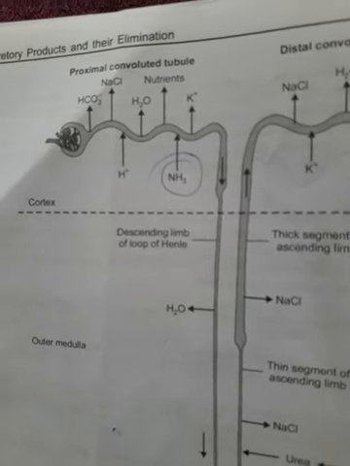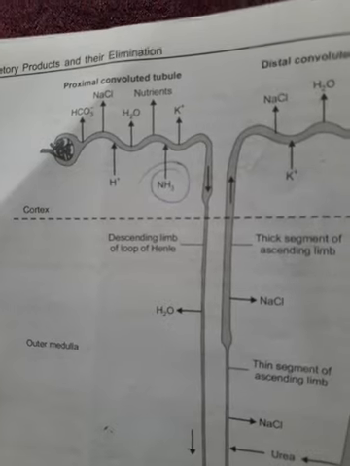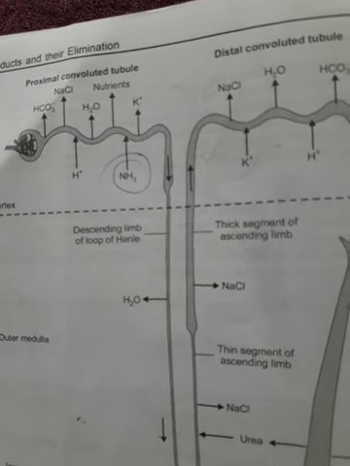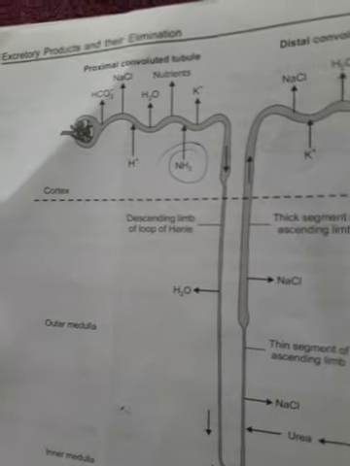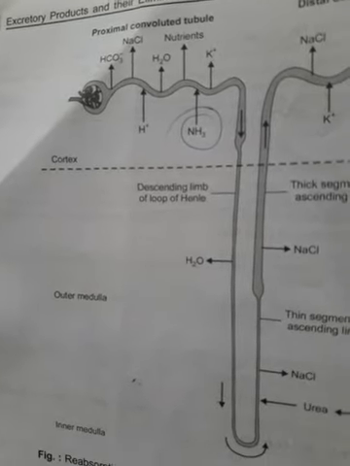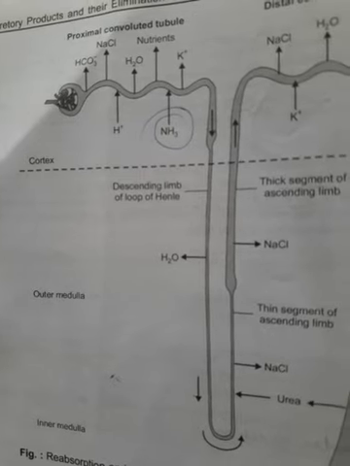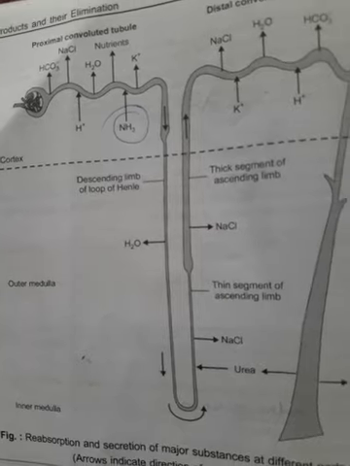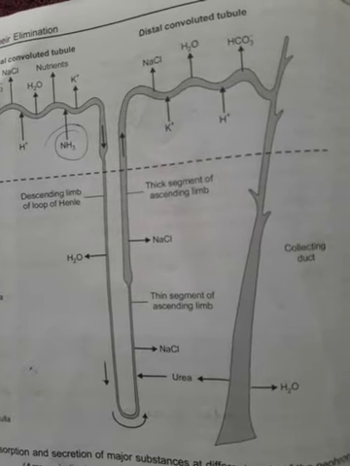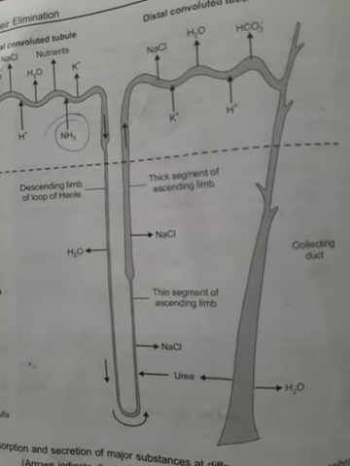You can see the proximal convoluted tubule, various substances. Then you have the distal convoluted tubule. Then the dotted line shows the cortex, and the arrows show the movement of various substances in different parts. Then finally into the collecting duct.